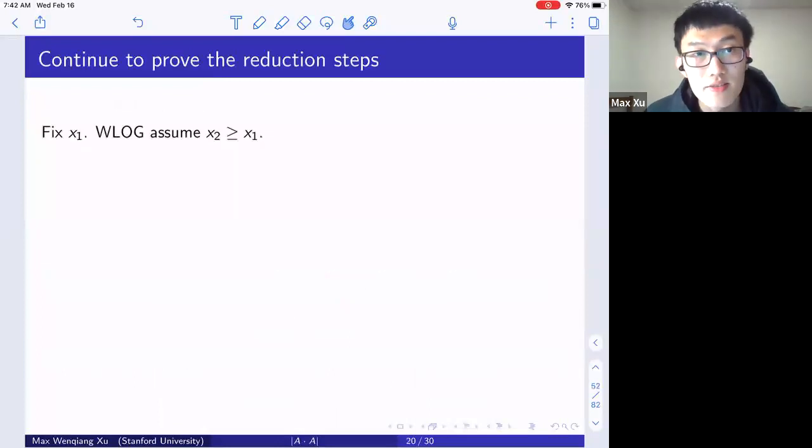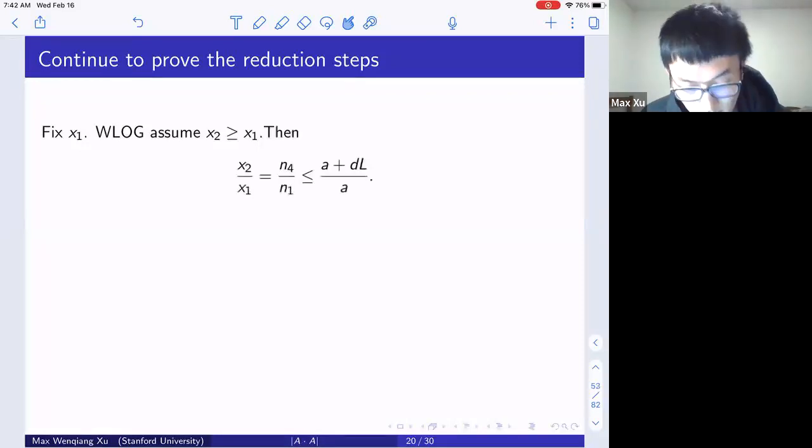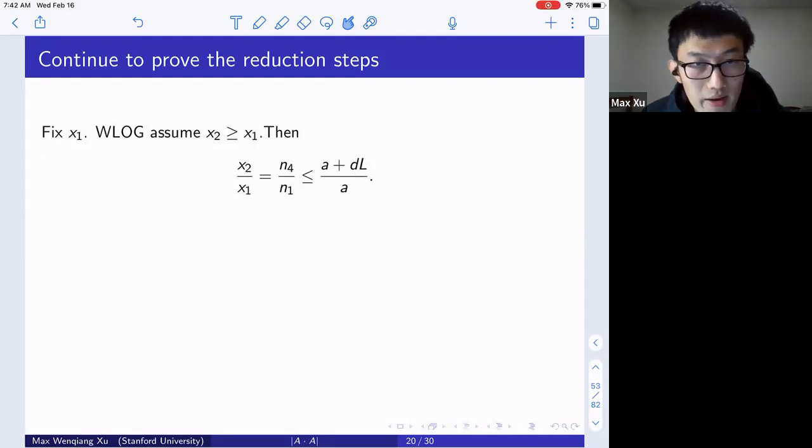Then we're just counting the quadruplets. So let's fix X1, and without loss of generality, say X2 is at least X1. Then the ratio of X1 and X2 is the same as the ratio of N4 and N1. But now the Ni all lie in the arithmetic progression, so we know this ratio is at most A plus DL over A as the upper bound.